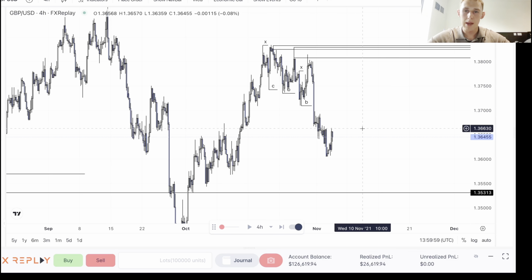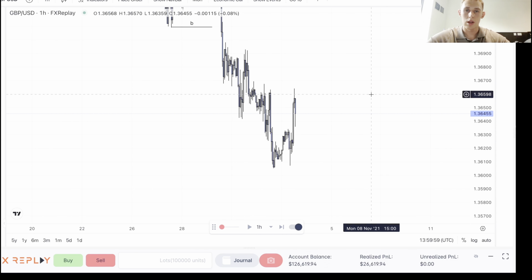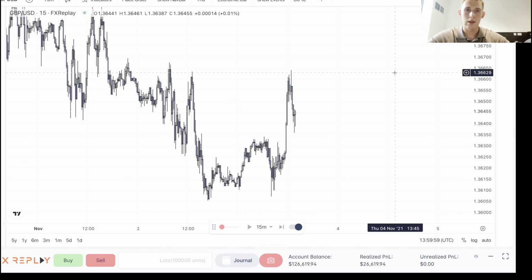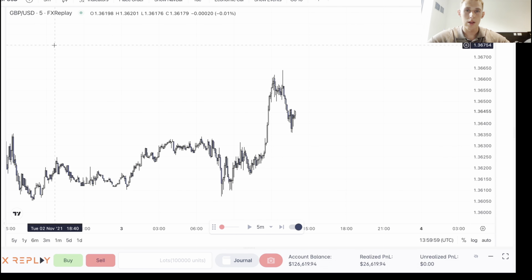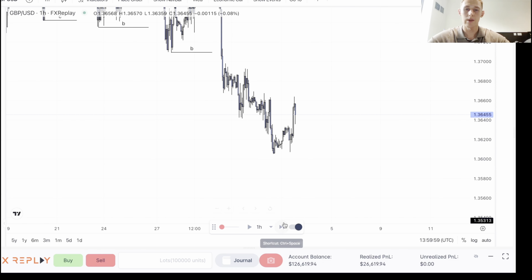So maybe if we see price come up and take this high into the imbalance above, that would be a valid setup. It has also just swept this area, so you could see sells straight from here. That wouldn't be a valid entry for me though, so let's just see if price comes higher.